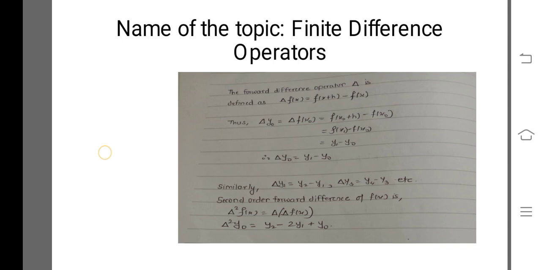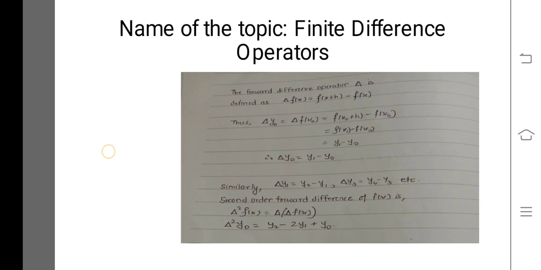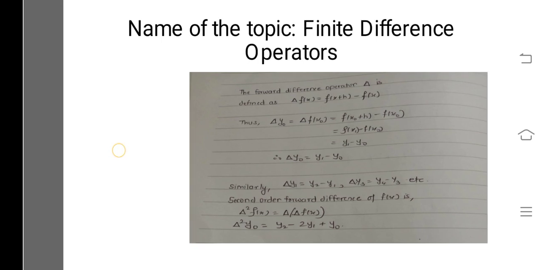So it is f of x0 plus h minus f of x0. As the points are equispaced, x0 plus h is nothing but x1. So delta y0 becomes f of x1 minus f of x0. f of x1 is y1, f of x0 is y0. So delta y0 is y1 minus y0. Similarly, delta y1 is y2 minus y1, delta y3 is y4 minus y3, etc.